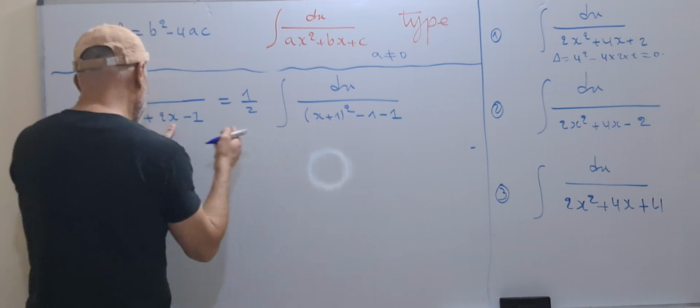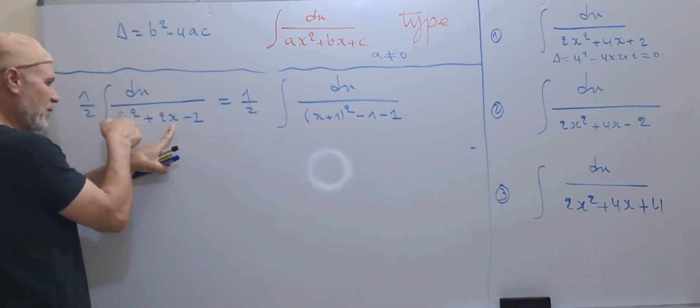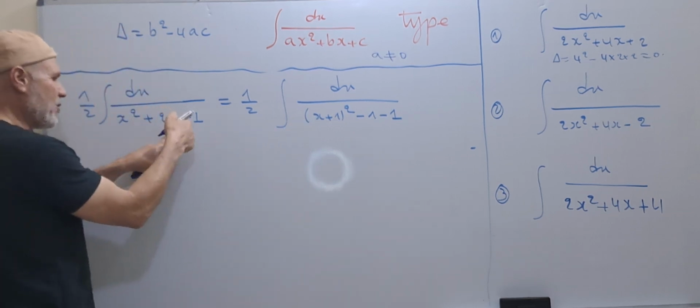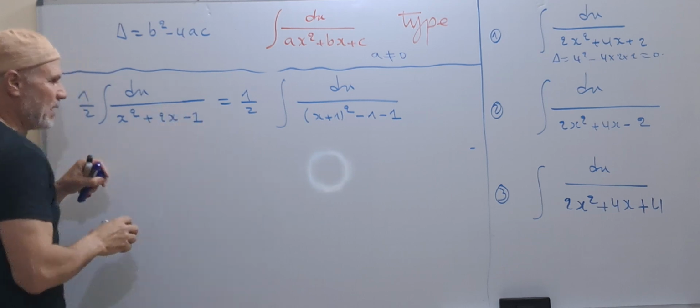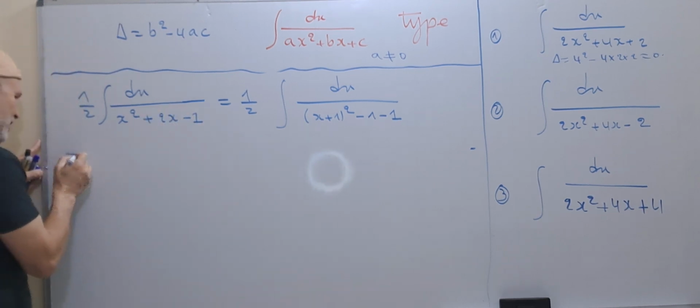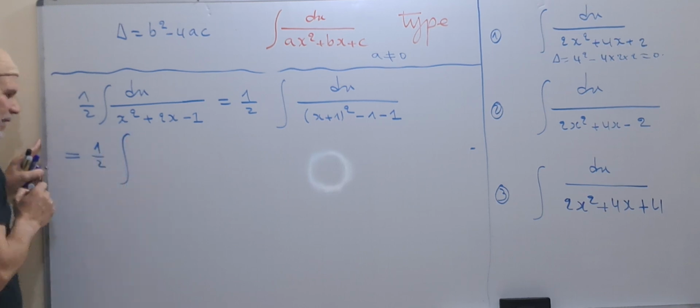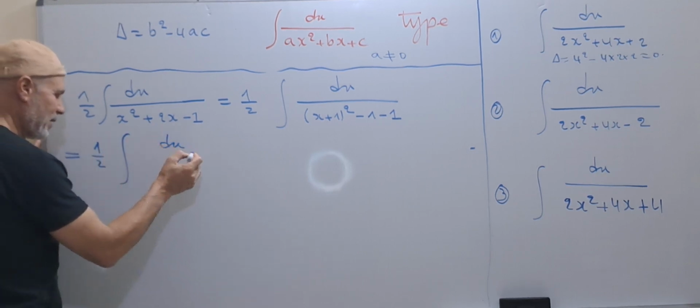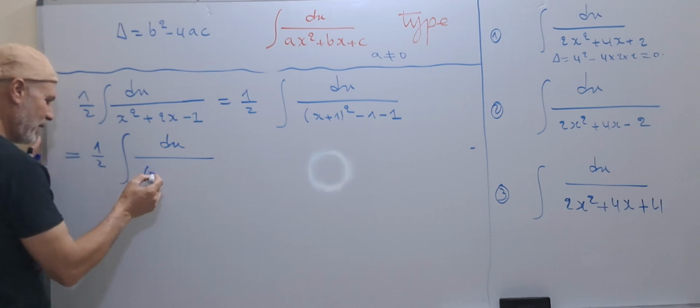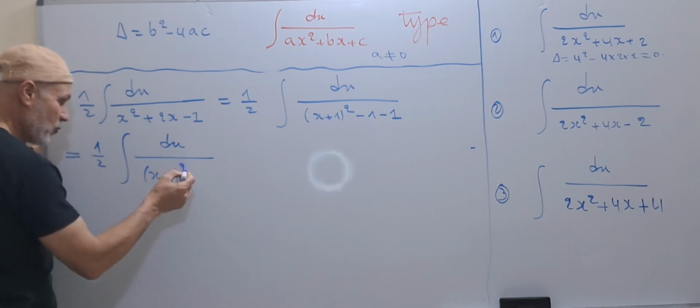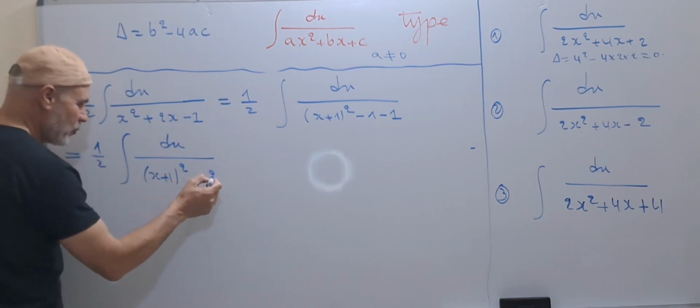The first minus 1 is to have this expression, and the second minus 1 is this minus 1, which is equal to 1 over 2 dx over (x plus 1) square minus 2.